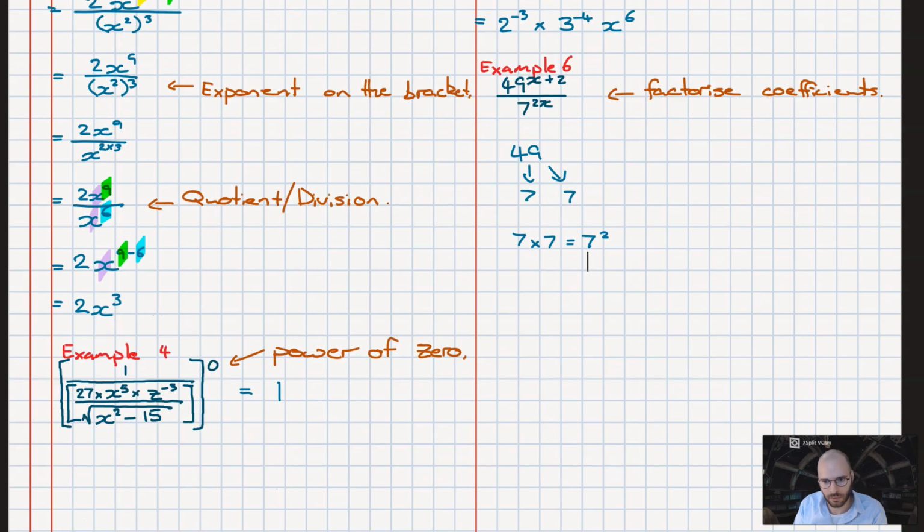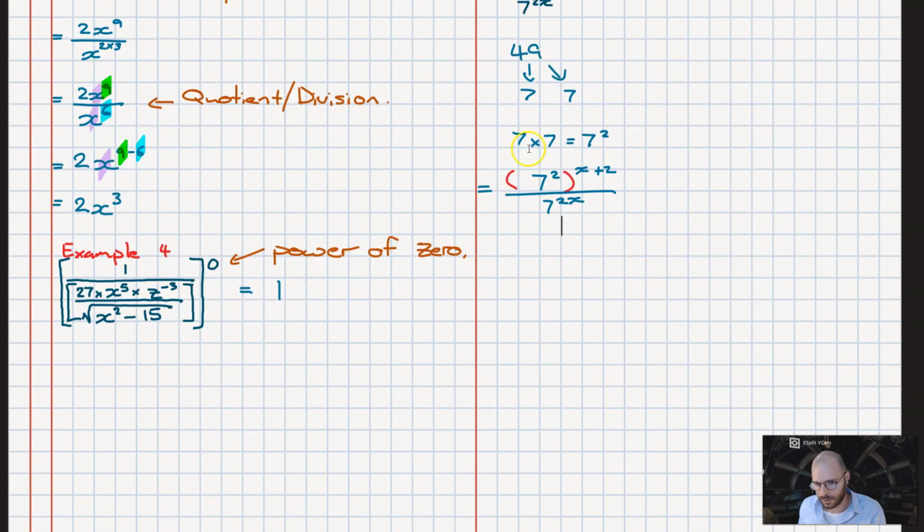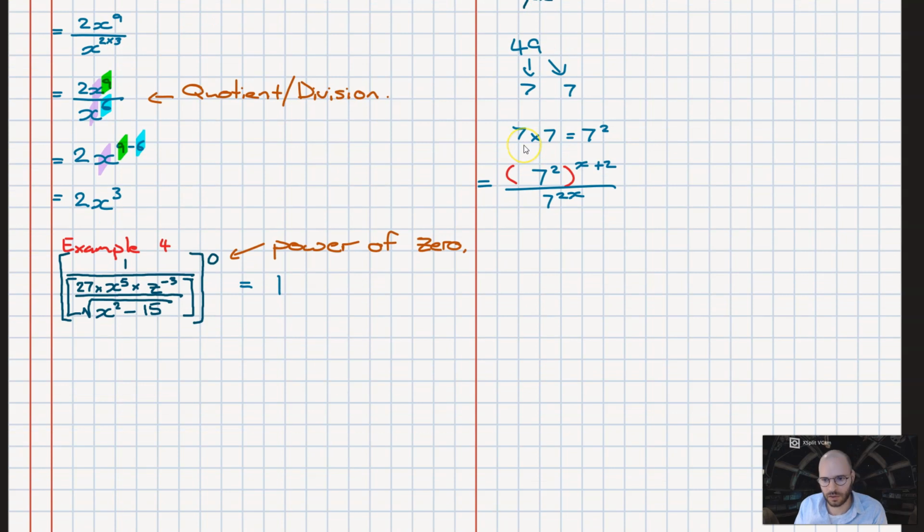So having said that, we're going to use implied brackets. 49 is simplified down to 7 squared, and outside the bracket it's raised to x plus 2. Downstairs, we still have 7 to the power of 2x. Now, dealing with the exponent on the bracket, we're going to multiply the outside exponent with the inside exponent.